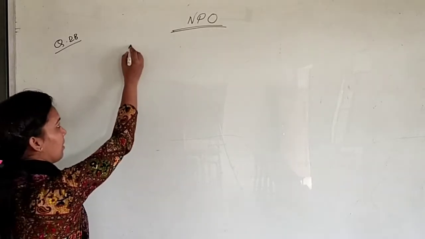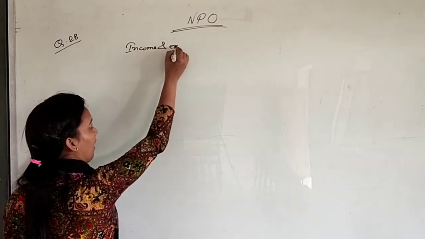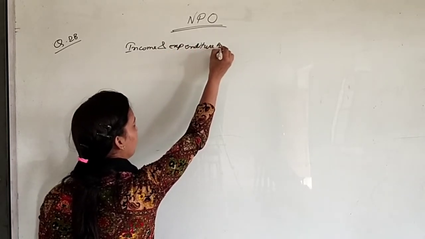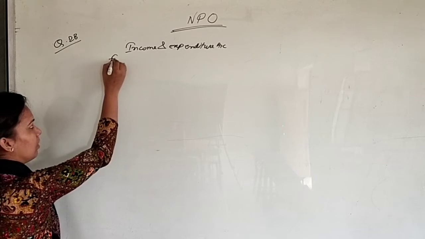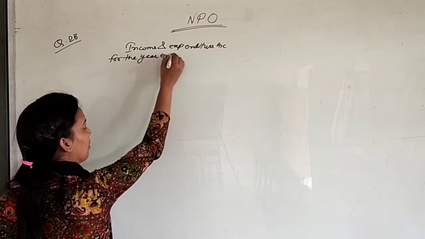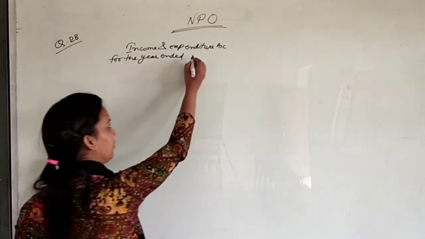Again you have to make the same accounts, income and expenditure account, that is for the year ended 31st March 2017.